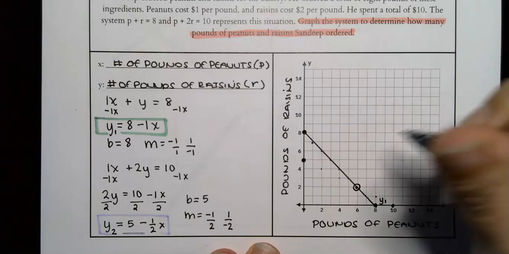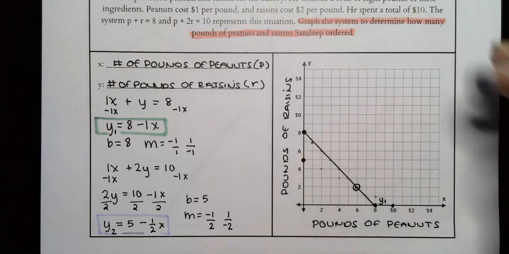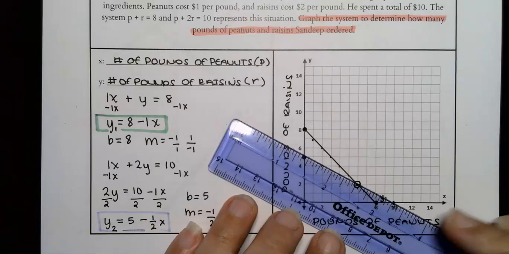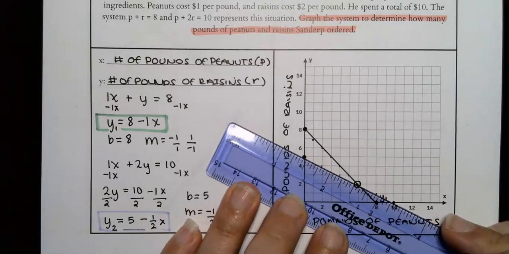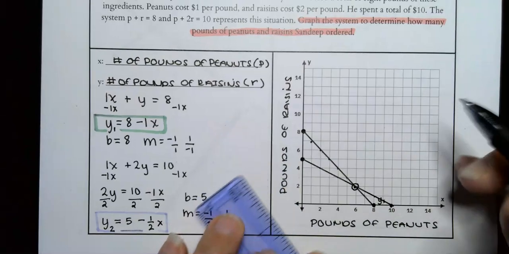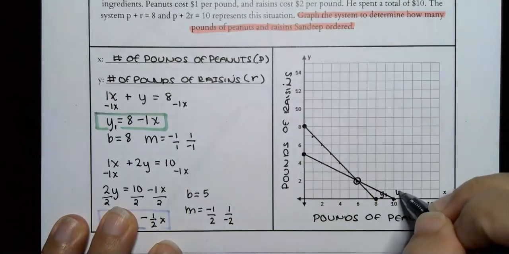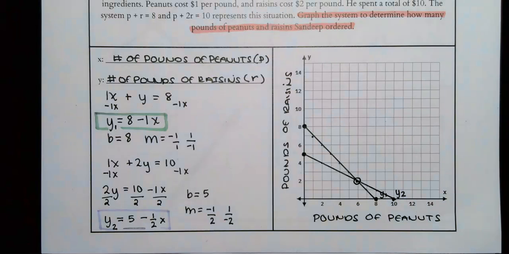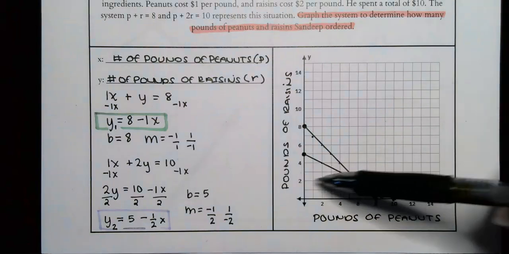And then here. All right, so it's very faint, but you can kind of see how those dots are lining up. So I'm going to go from one to the other. This is our y2. And so I can see the point of intersection is going to be 6, 2.